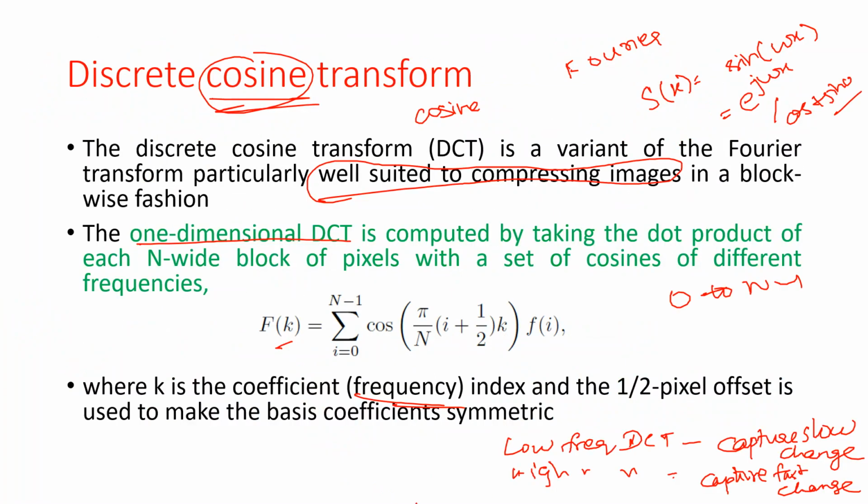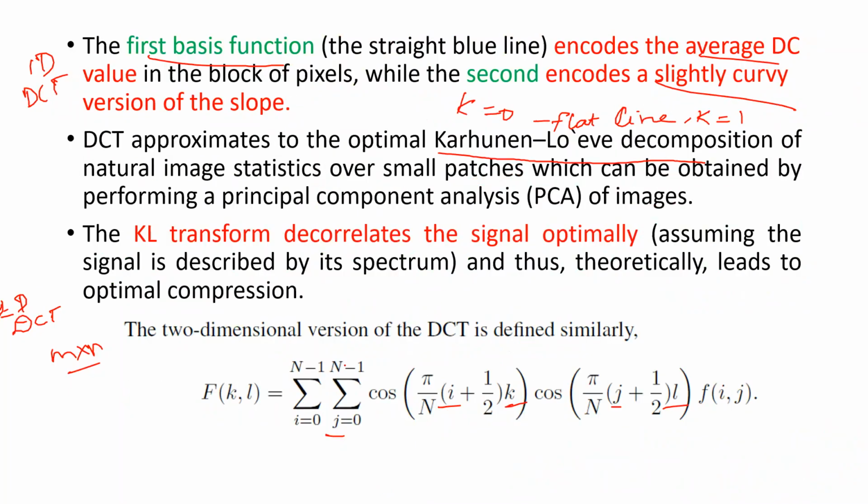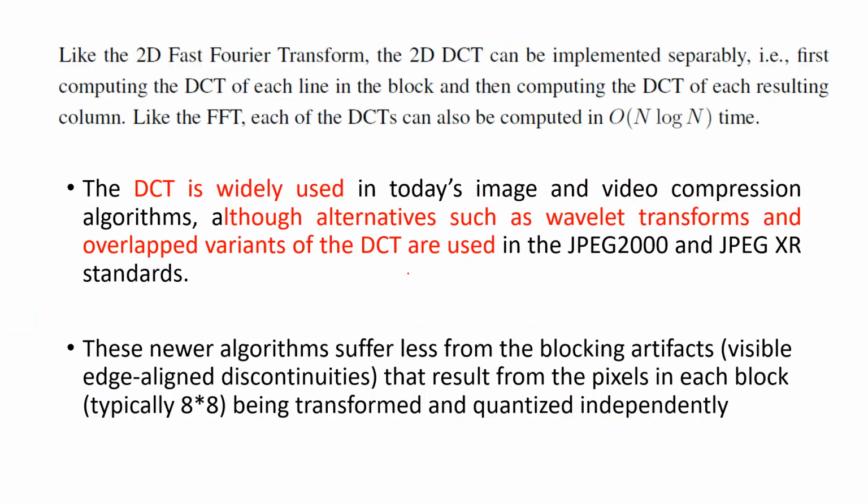So this is the 1D discrete cosine transform formula only with i and k. This is converted into the 2D discrete cosine formula, with i, j in terms of k and l. As I said earlier, i, j represents the pixel position, k, l represents the frequency indices. Now the 2D DCT can be computed in two steps.